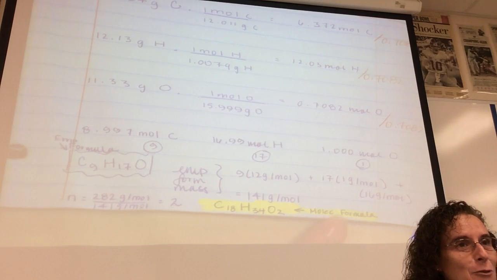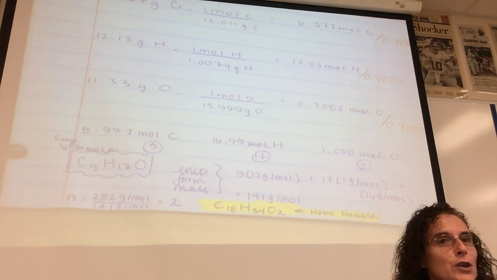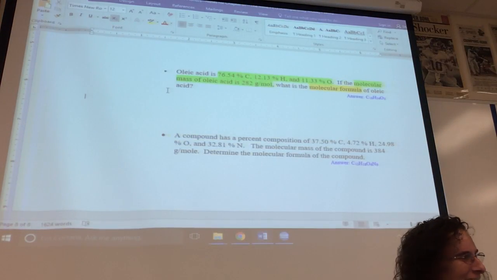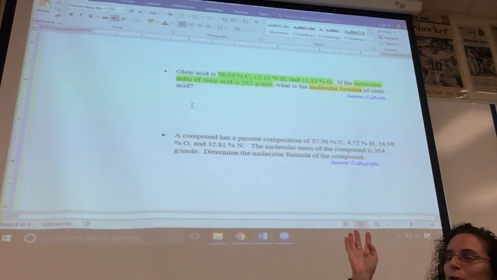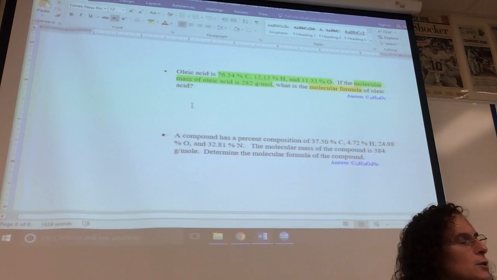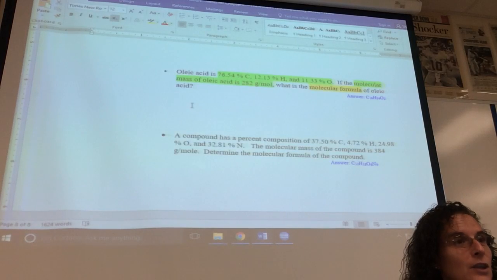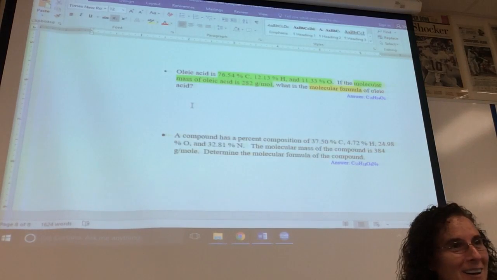That's your molecular formula. If you can do the last problem in the notes, you have some understanding of how to do this. By the time you get through all of the classwork, you will be golden on this concept.